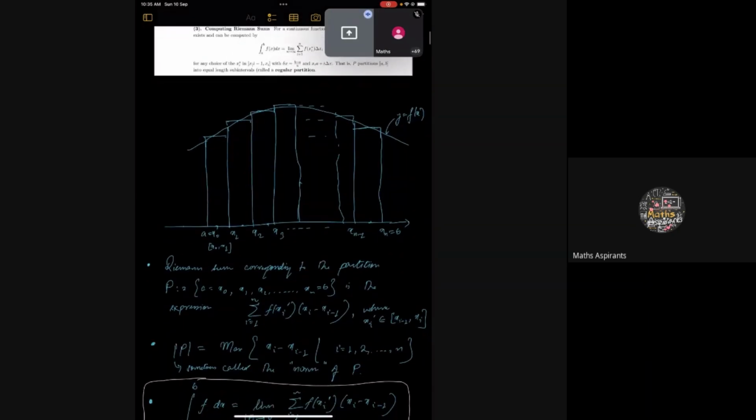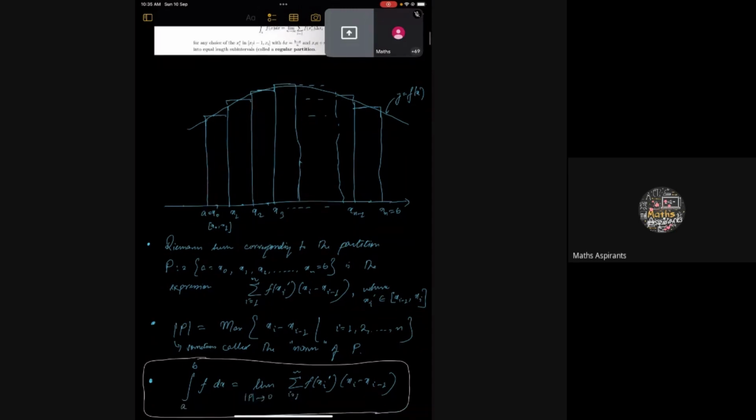Suppose you have a closed interval [a, b], with a here and b here, and you partition it with finitely many points. I'll call a to be x0, x1, x2, up to xn, equal to b. Then we have all these subintervals, like [x0, x1], [x1, x2], up to [xn-1, xn], where xn equals b.